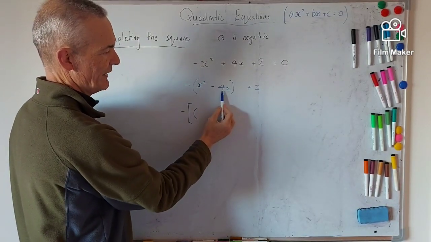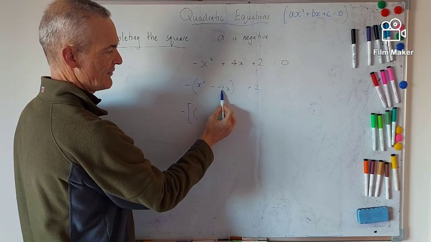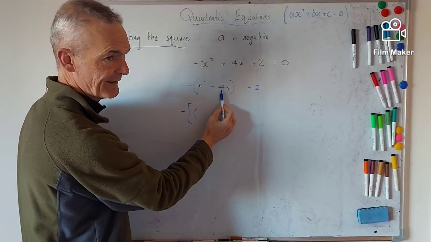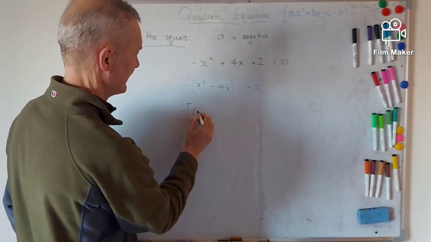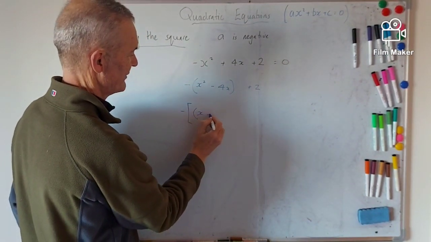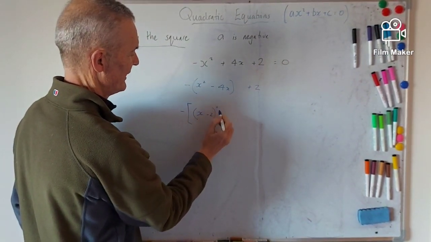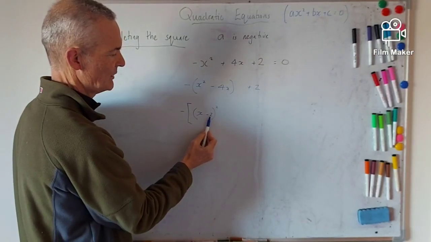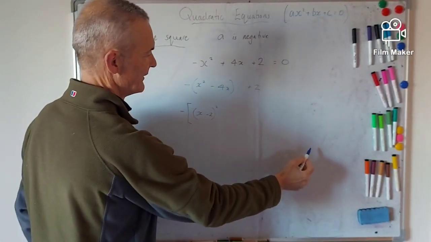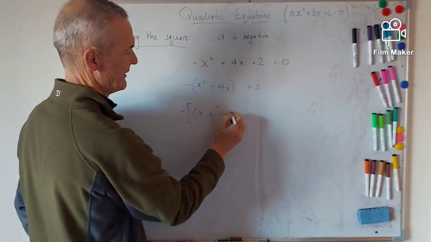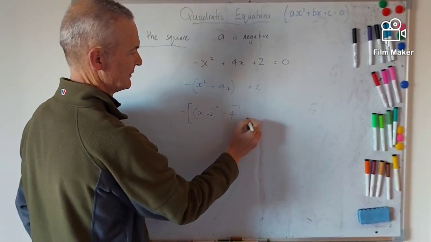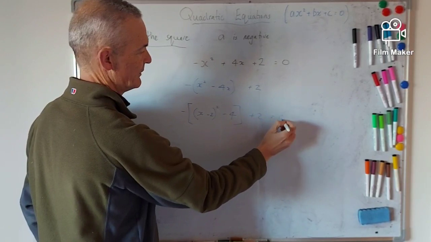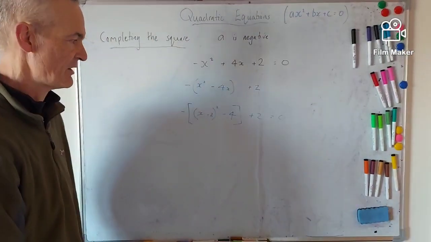So we halve this, square it, and add it to both sides. So we get x minus 2 squared. So we've halved it here. Square it is 4. Add it to the other side, and then bring it back. So we're going to get minus 4 plus 2 equals 0. So we end up with this situation.